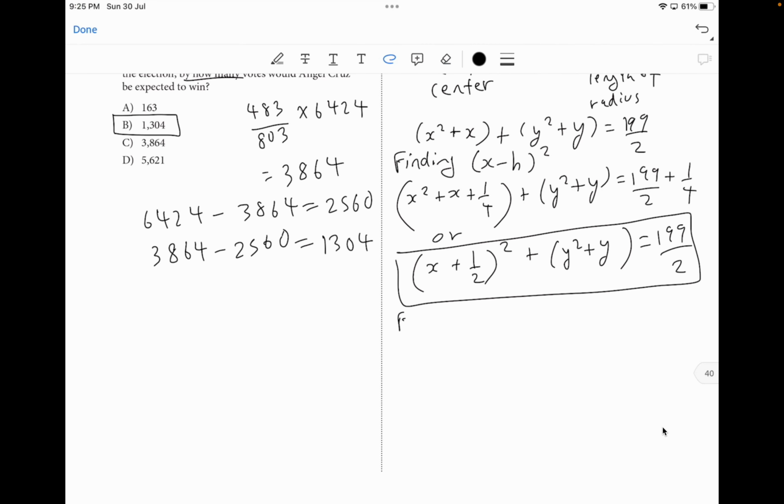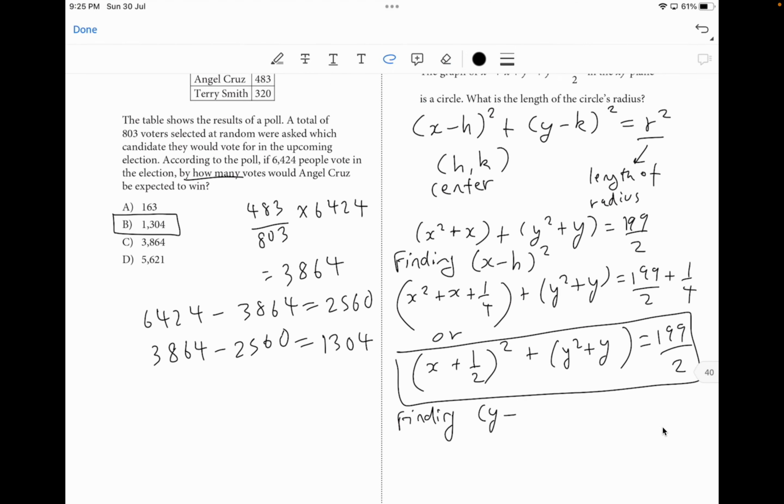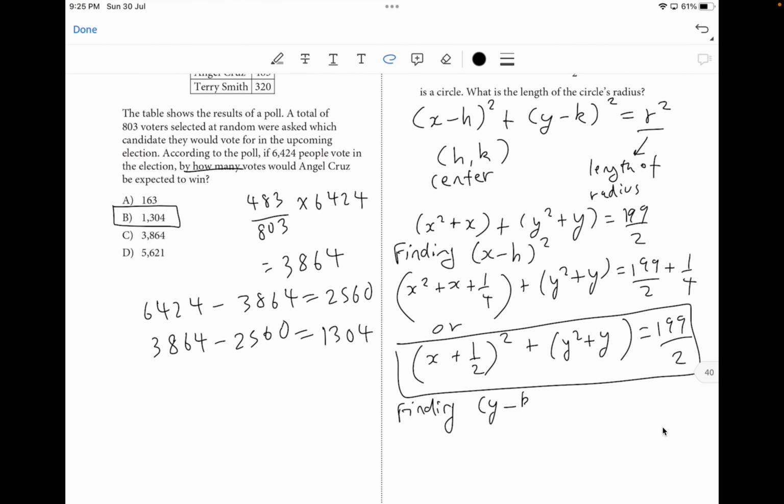And now when we're trying to find y minus k squared, what we're going to be doing is adding the half to the y side.